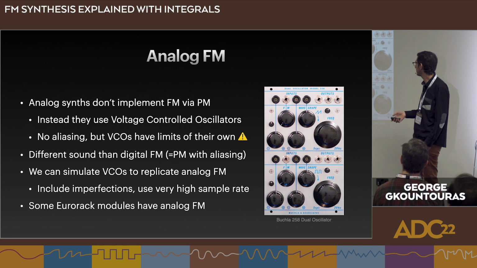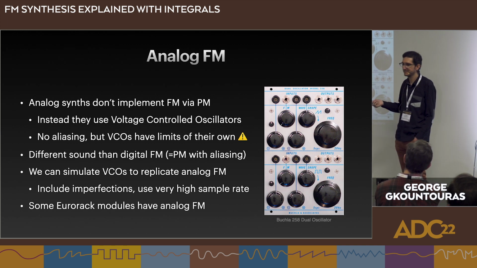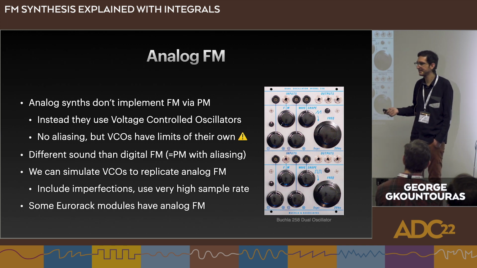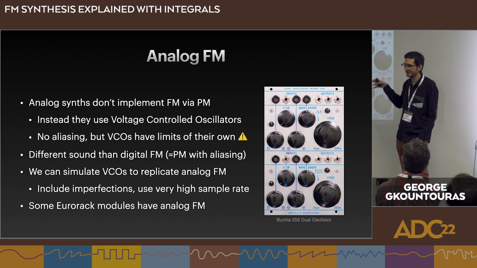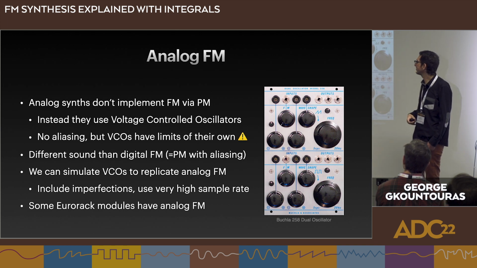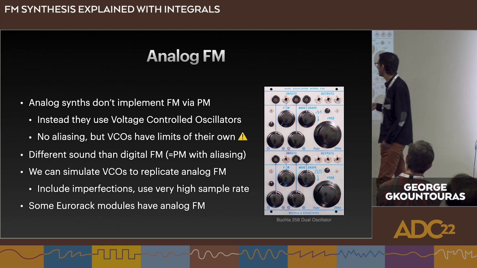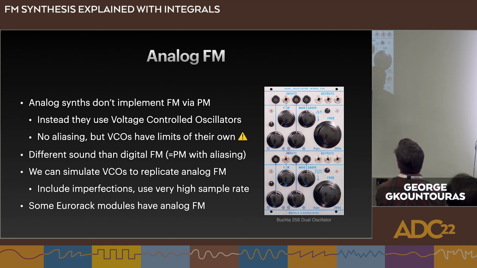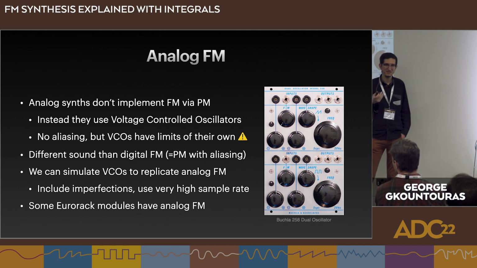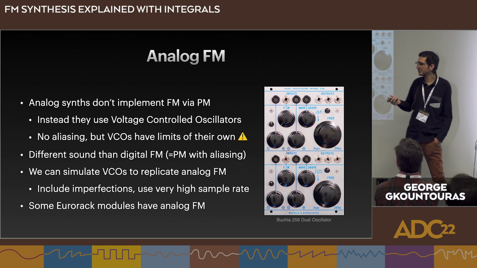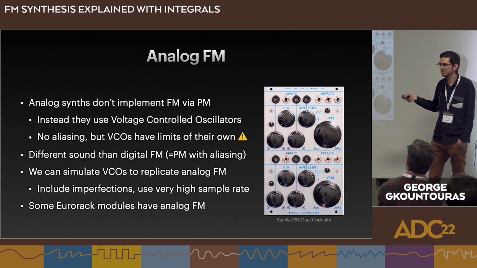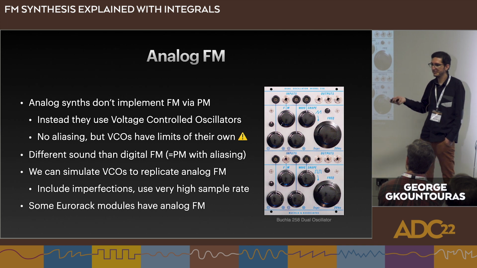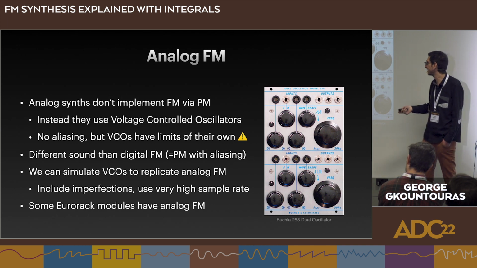So instead, they use voltage-controlled oscillators, which are, of course, implemented in hardware with resistors and op-amps. So these don't have aliasing exactly, but of course, as actual devices, the VCOs have their own limitations, and this will be reflected in the FM signal.